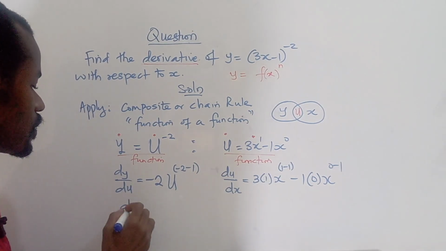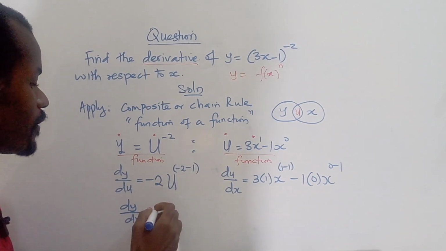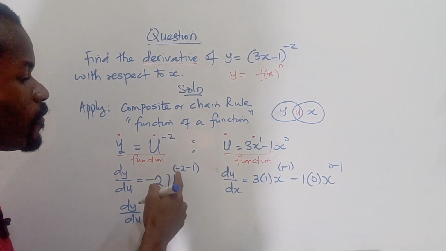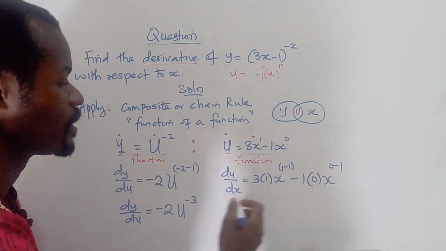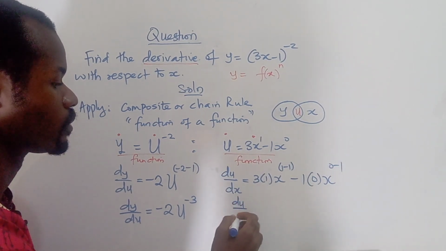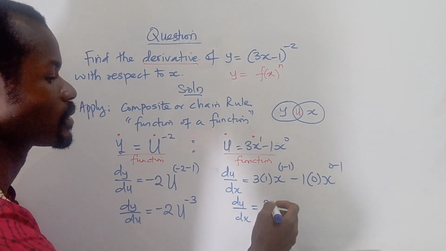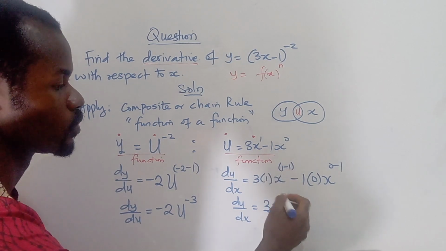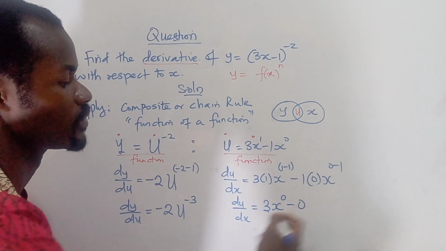So my dy over du is going to be minus 2 u raised to the power of minus 2 minus 1, which is minus 3. How about this side? We have du over dx, which will give us 3 times 1 is 3. This is x raised to the power of 1 minus 1, which is 0. Then minus 0 times anything gives us 0.